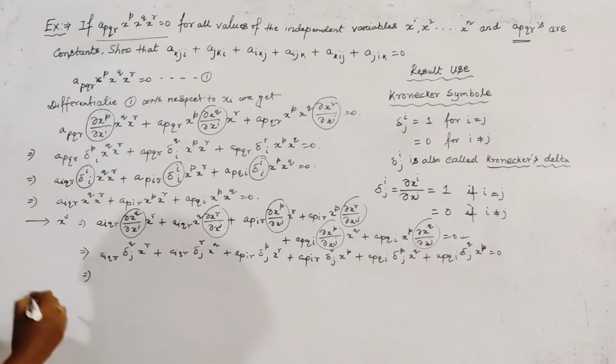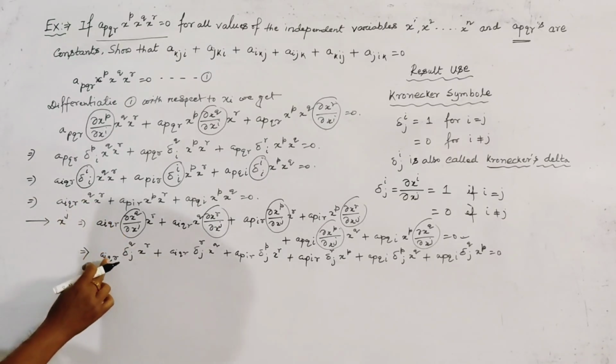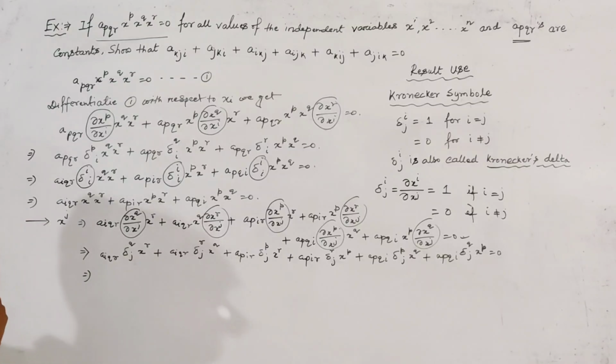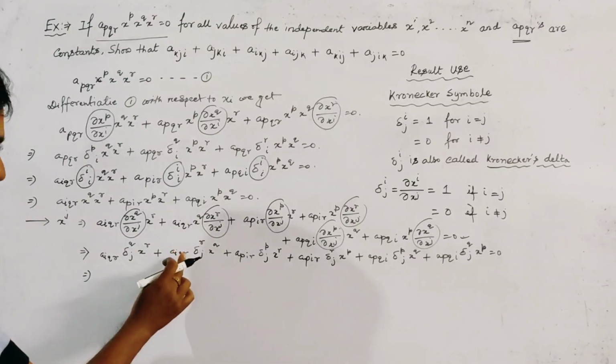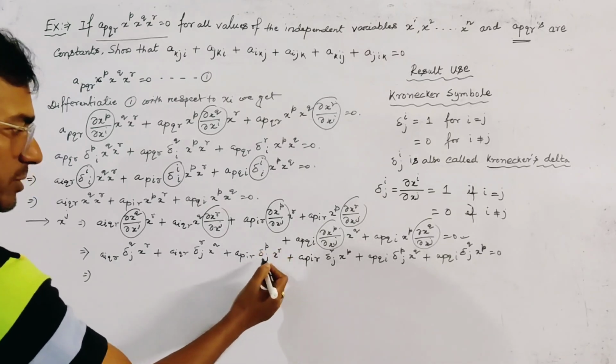Now it is clear that q is a dummy suffix, so we change the dummy suffix q to j, and r is replaced by j, and p is replaced by j.